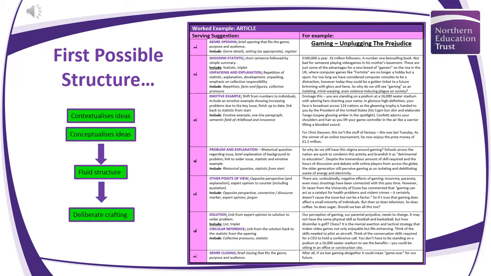So this first structure contextualises and conceptualises ideas. We've then got a fluid structure where if we think back to the cat gif, it wouldn't make sense if the other points of view paragraph started first. It's got to start with that shocking statistic because everything's then built on it and then it comes back to it.